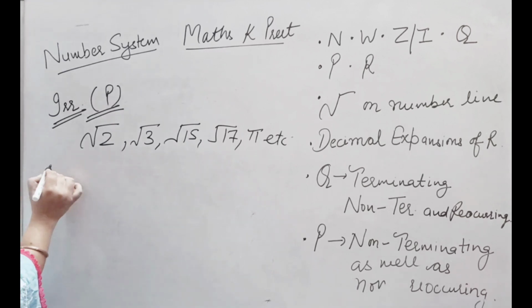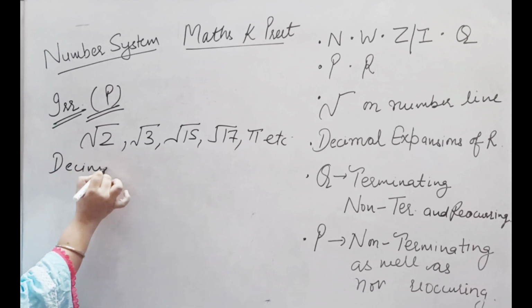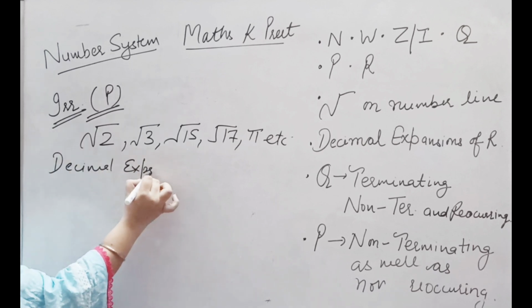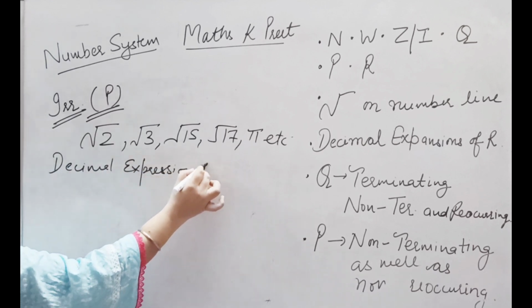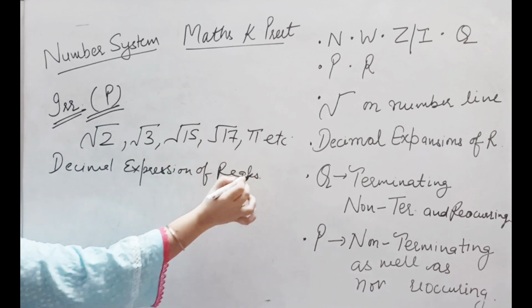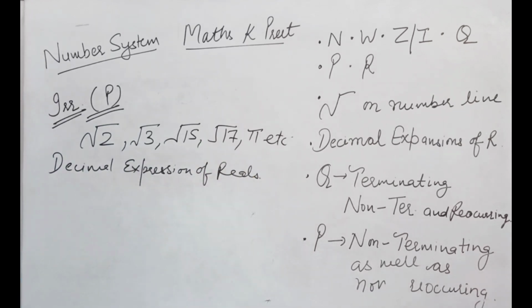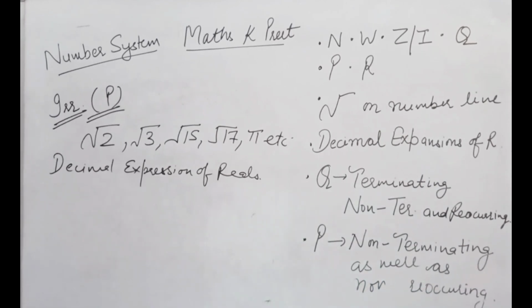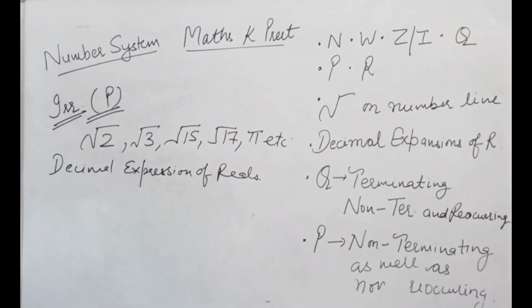the decimal expression of reals. Reals means rationals and irrationals. We will discuss how to express these in decimal form.